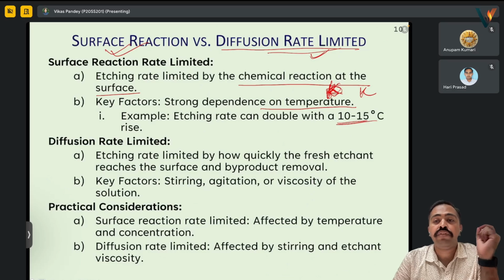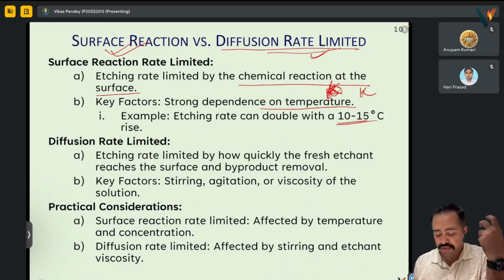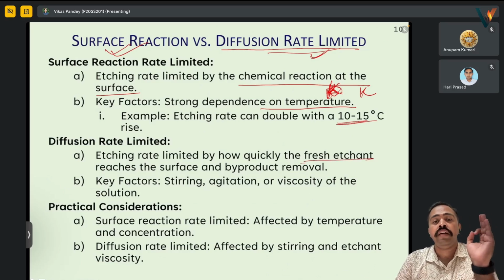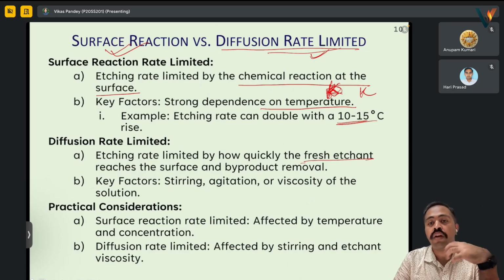Second is diffusion rate limited. So how fast the fresh etchant, that is unreacted etchant, reaches the surface and byproduct is removed. This is one of the important factors when you have to do etching for a longer duration.